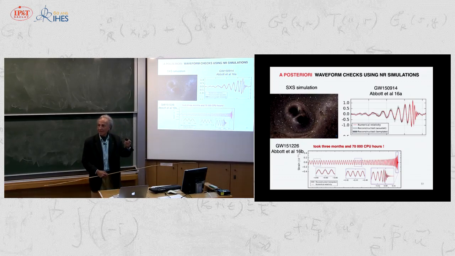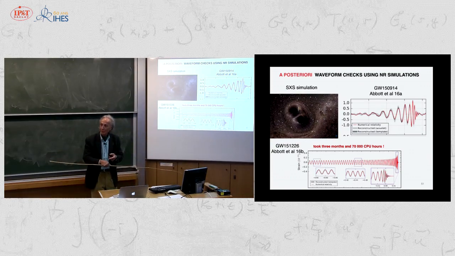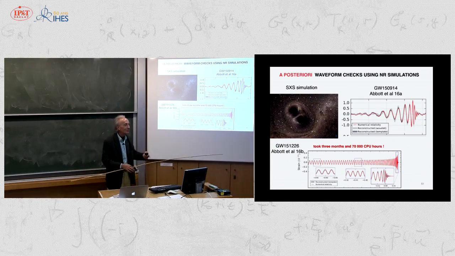But after detection, you want also to check that the template you used was good. So people redid numerical simulation of two black holes with the value of the masses derived from the template to check that there was nothing missed, you know. And this was done, for instance, for one of the detections, this one.